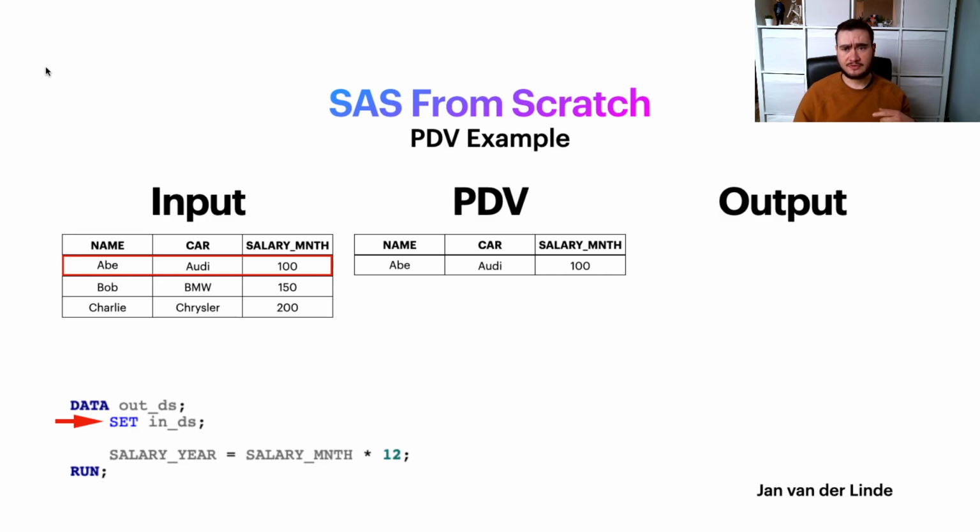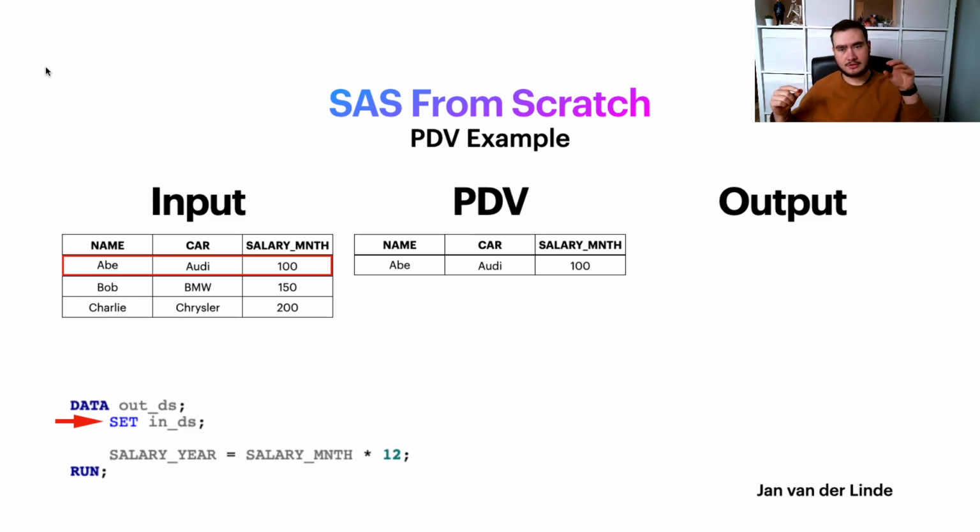Here I've simplified it to simply show the data directly. SAS starts by reading this first record, and then within this data step, it's going to go through the statements you've made, building this within the PDV.